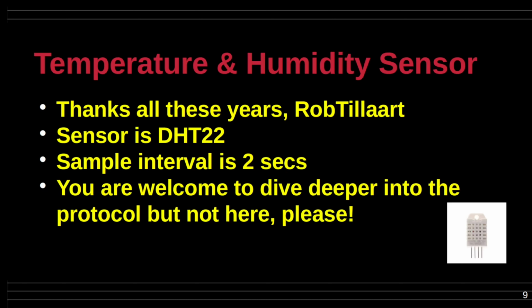Rob Tillaart has provided tremendous support for these sensors through continuous refinement of the corresponding libraries. However, for MicroPython use, there is a basic library called DHT that offers the basic support for both sensors. This library is used in this demonstration.